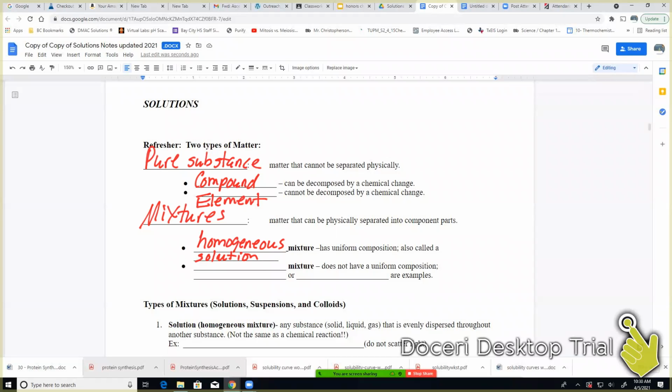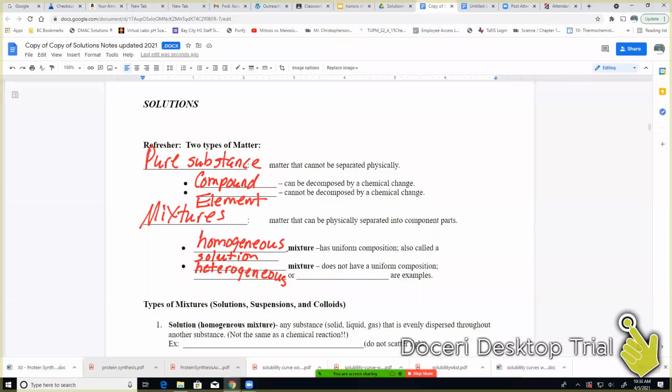It means it has the same composition throughout, as compared to heterogeneous. I don't know if you'll get it right. So a heterogeneous mixture means it's not uniform throughout.